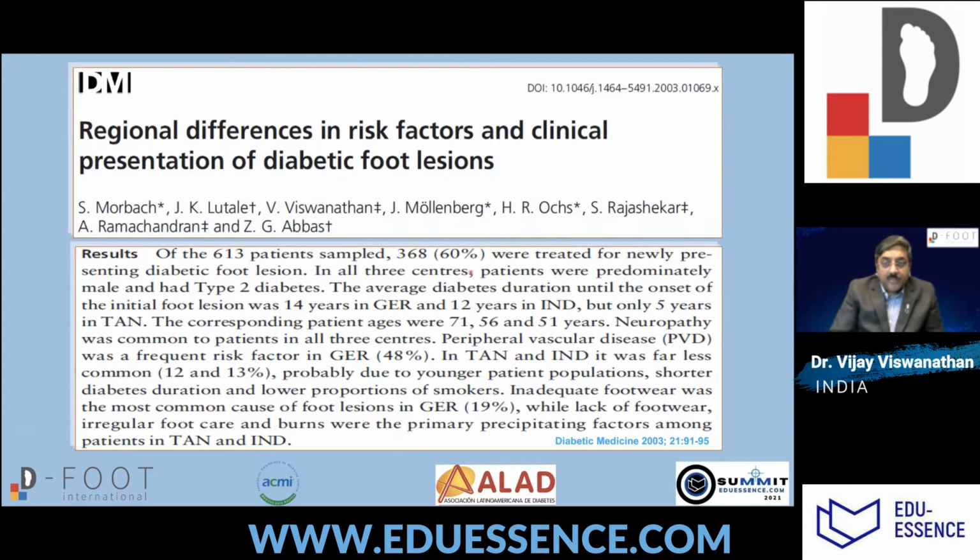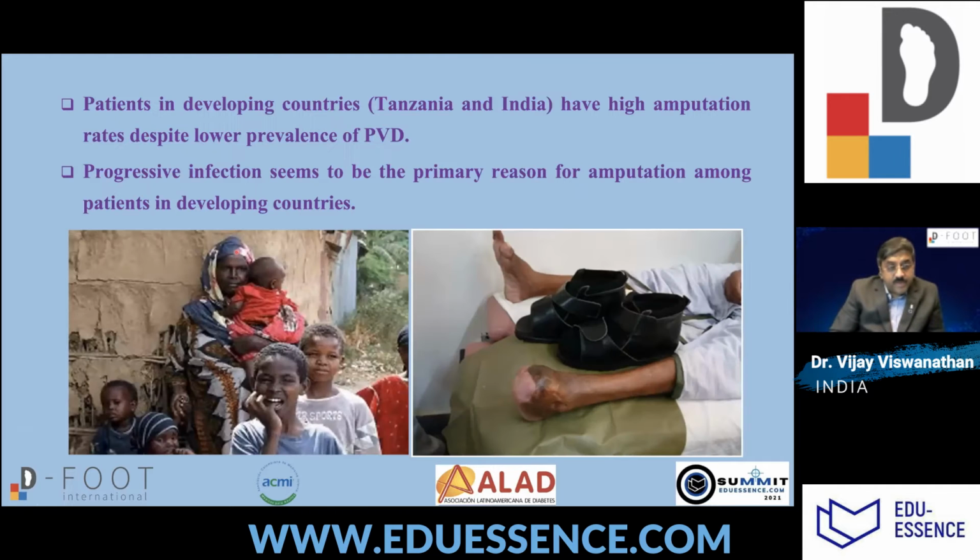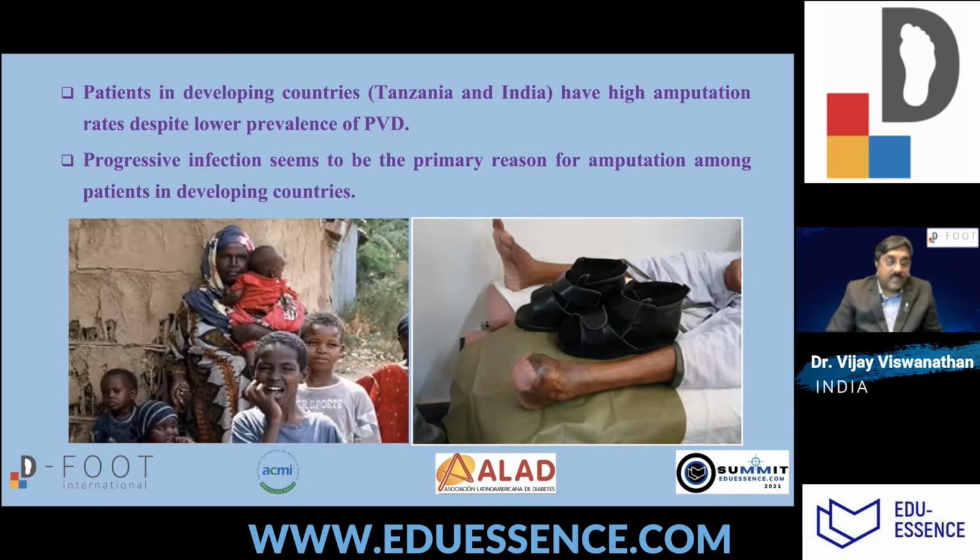Now, what we found here was we had about 600 patients from Germany, Africa, and India, and we found that the major cause for amputation in the developing countries like India, Africa, and so on was progressive infection. The prevalence of peripheral artery disease was lower than in Germany, but the amputation rates were higher because of neuropathy and because of progressive infection, which seems to be the primary reason for amputation for people in the developing world.